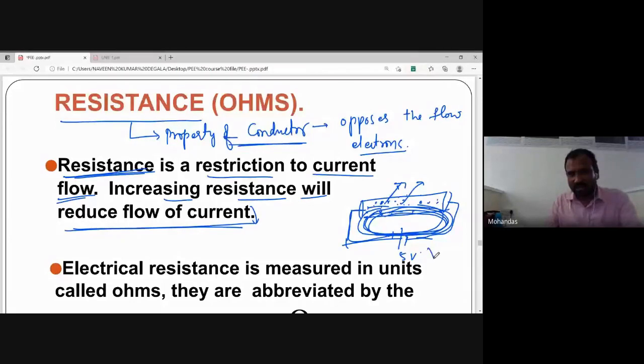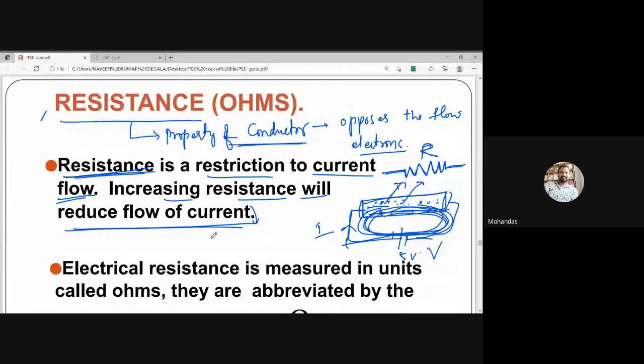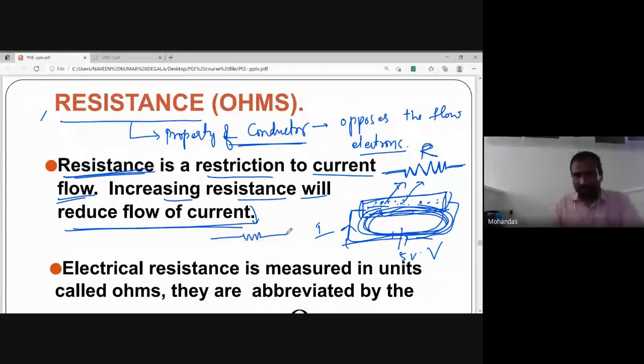The flow of electrons is nothing but a current I. The property of this material which opposes the flow of electrons is known as resistance, and that property can be modeled as a resistor, which is symbolically represented like this and denoted by R. R is denoted for resistance.